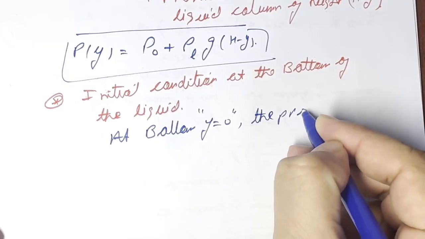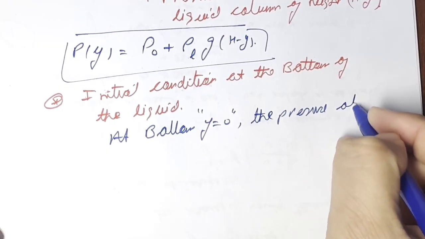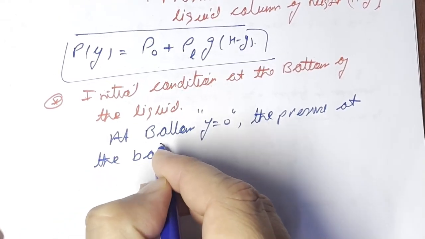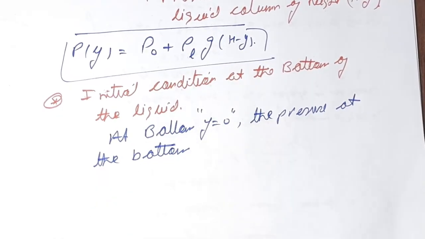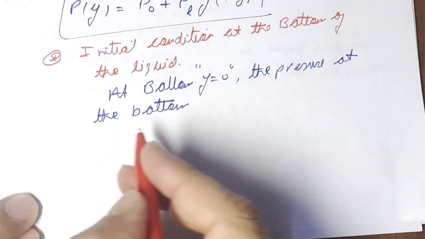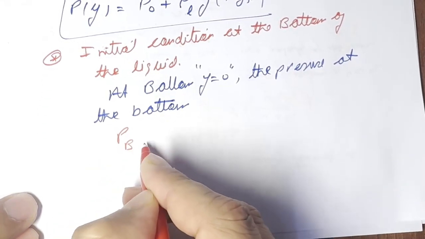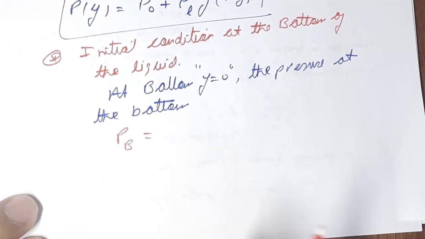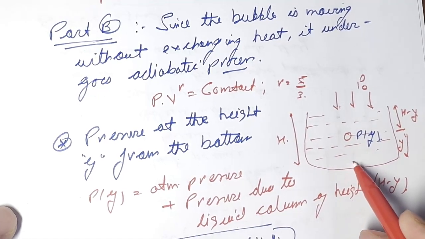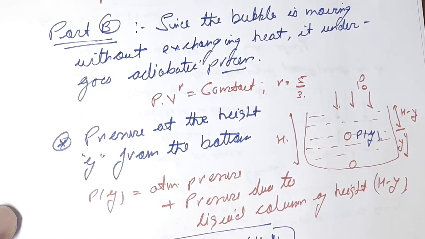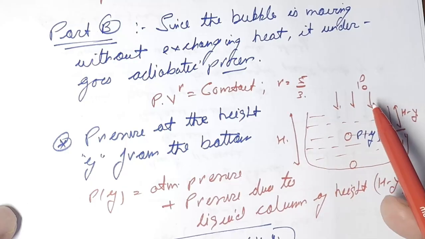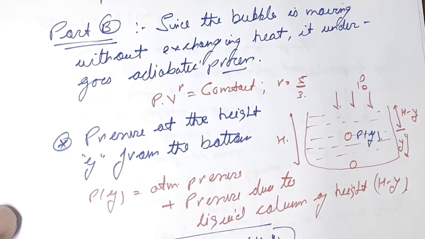the pressure at the bottom, let us call that PB, and in this case this bubble is at the bottom. Now the total column height is H and the atmospheric pressure is still P0.